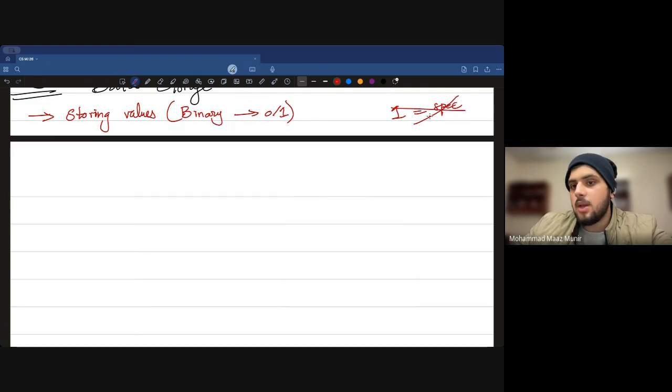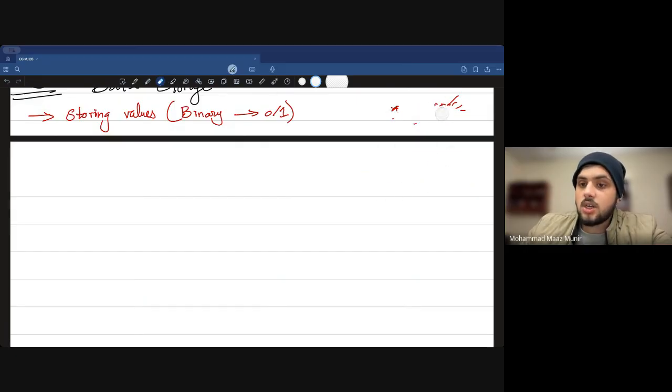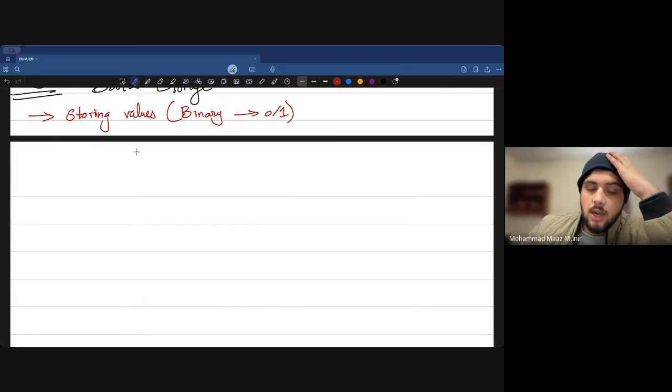That's not possible. We have multiple 0s and 1s, like 0, 1, 1, 0, 1, 1, 0, and this might represent a number. And if this is representing a number, imagine if I have a large executionary task, how long would that binary be? It's going to take hundreds and maybe thousands of zeros and ones. Now, where does your computer store all this?